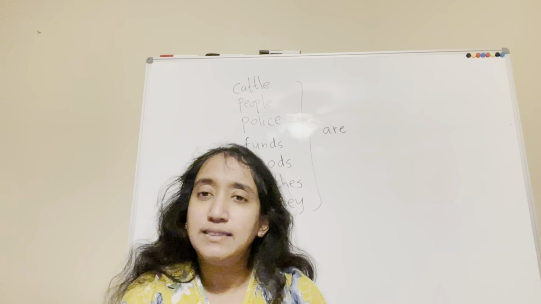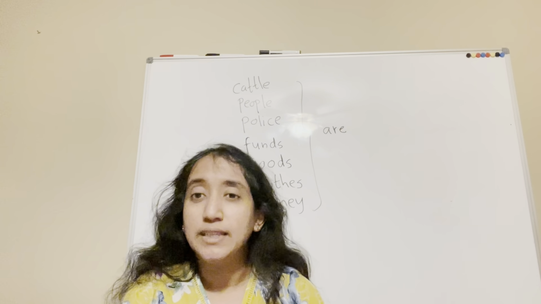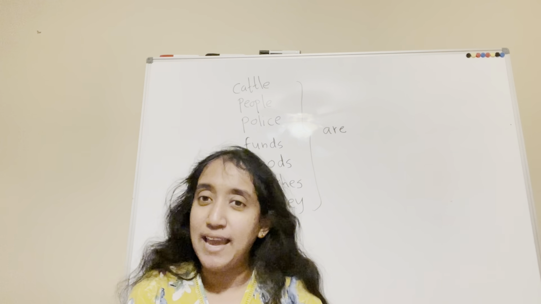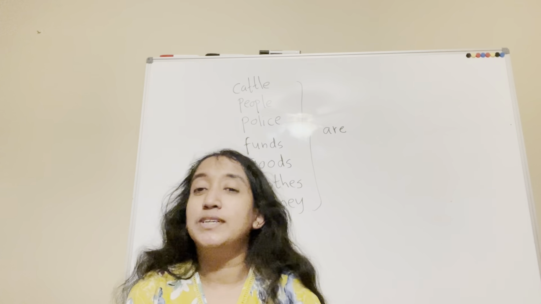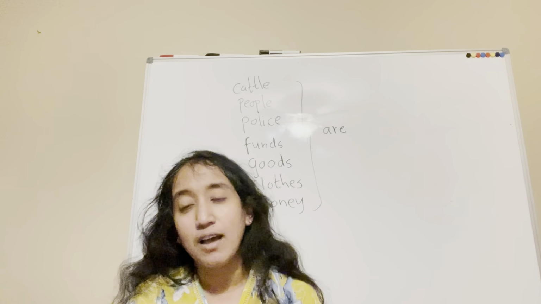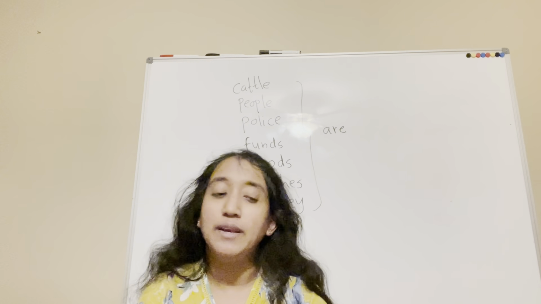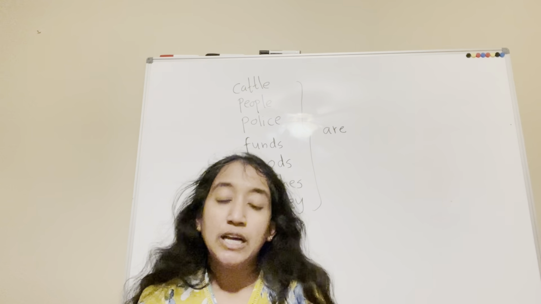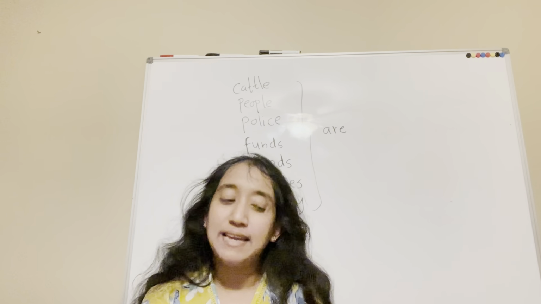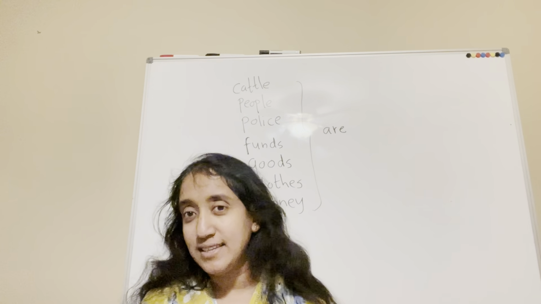So let's summarize what we learned up to this. How to make a noun plural. We normally add s to most nouns. For example, if you want to make car a plural noun, we add s to that word. We can make a noun plural by adding s, es, ies.